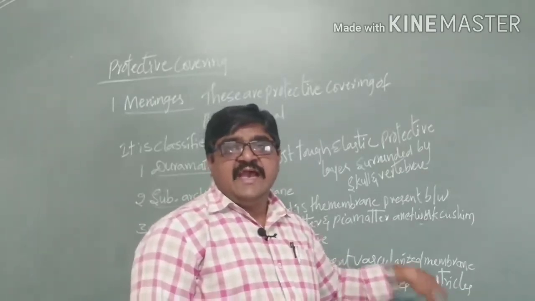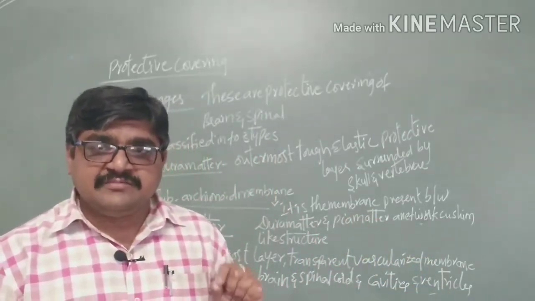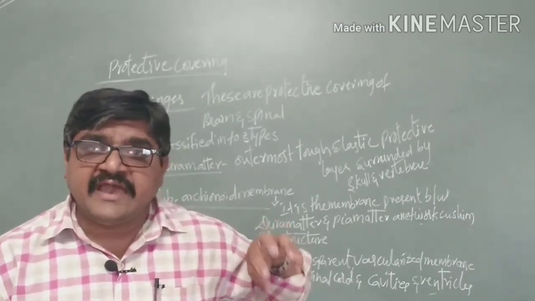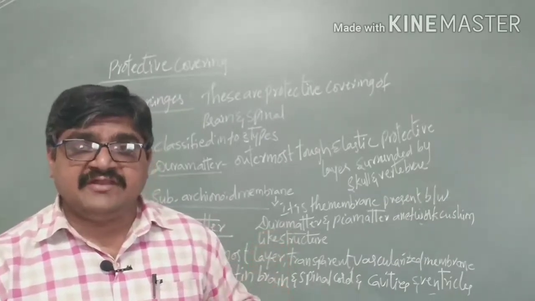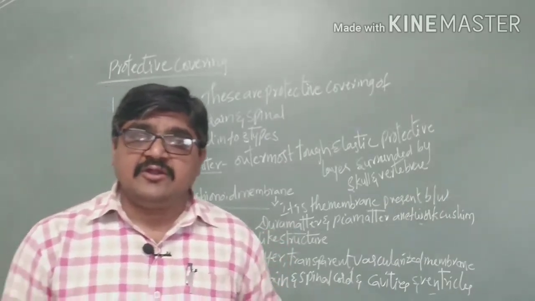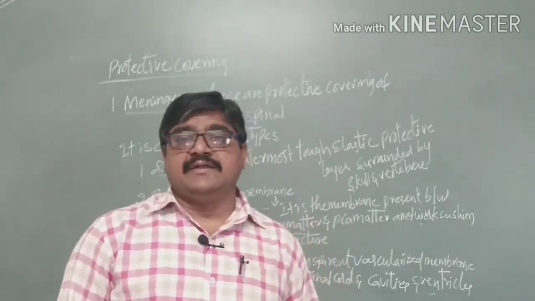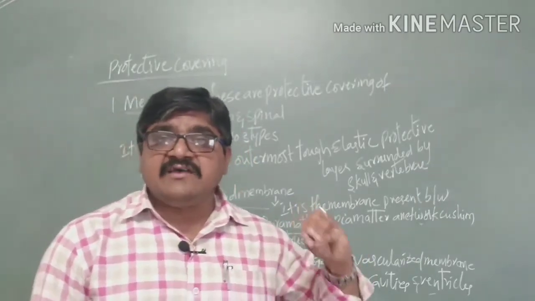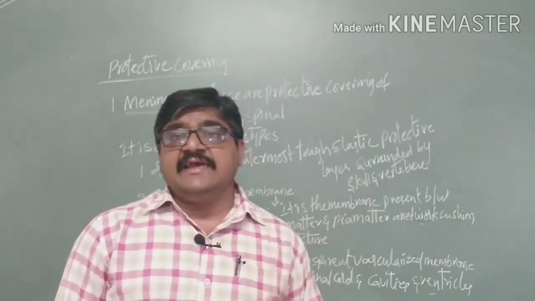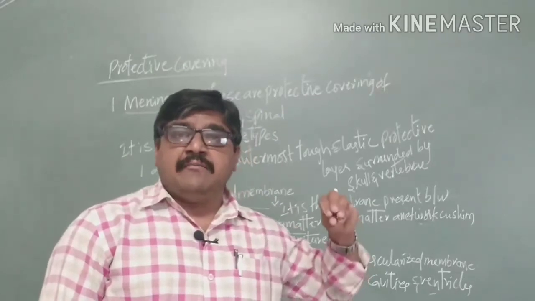So these are the three layers. Not only in the brain and spinal cord, the inner membrane of the cavities is also lined by the pia mater, which is a transparent as well as vascularized layer. Vascularized means having a rich blood supply.